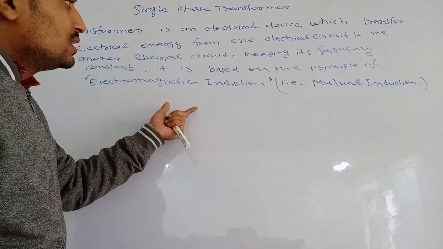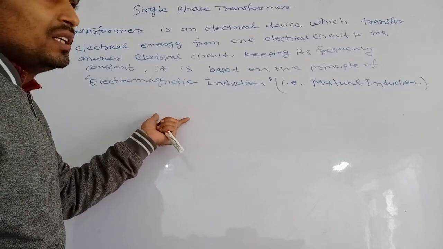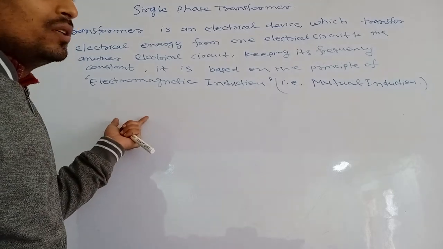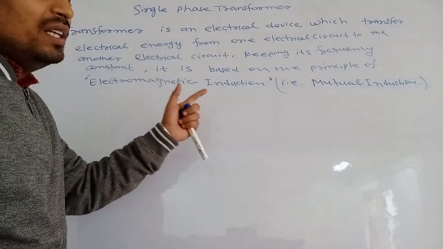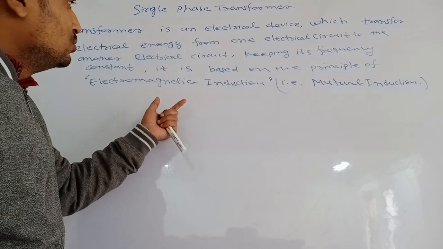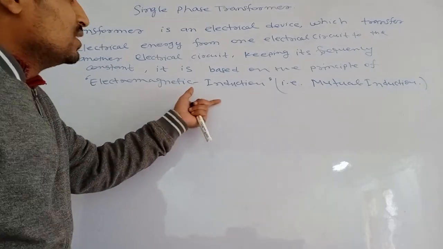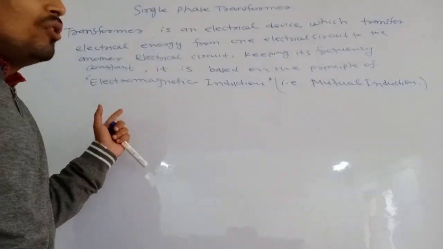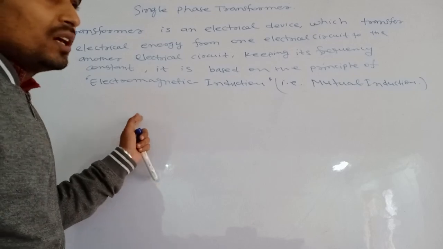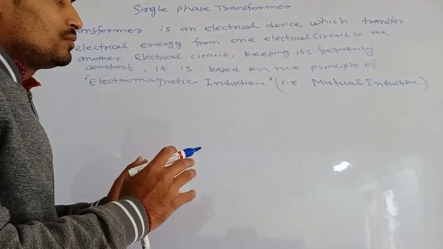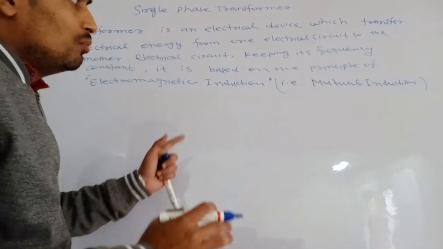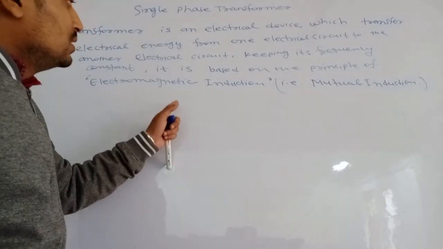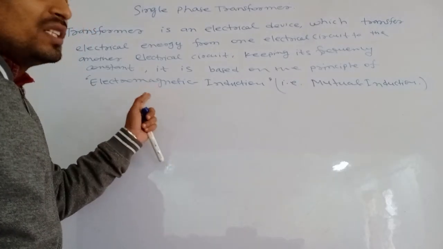It means the secondary winding is not electrically connected with the primary winding, yet the secondary winding is induced. This phenomenon is known as electromagnetic induction. It works only where the core is magnetically connected. That means the core is magnetically interlinked, and due to this the primary winding is energized.